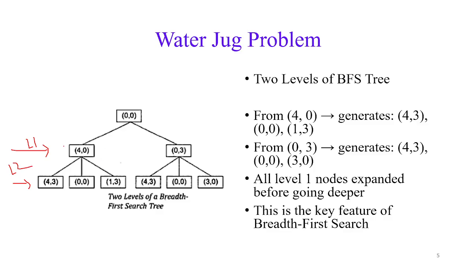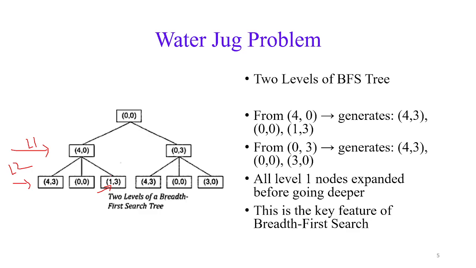Now from level 1, suppose we start from 4, 0, where the 4-gallon jug is full and the 3-gallon jug is empty. Applying several rules, what are the possible states that can be achieved? You can pour the 4-gallon jug into the 3-gallon jug, so we fill the 3-gallon jug and have 1 gallon left in the 4-gallon jug. This gives a state of 1, 3.